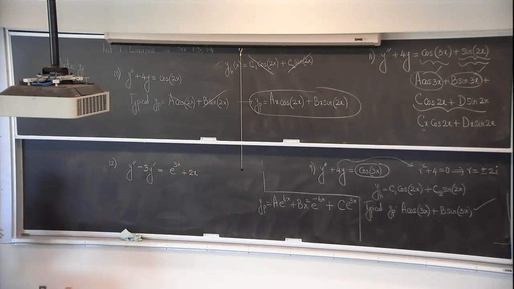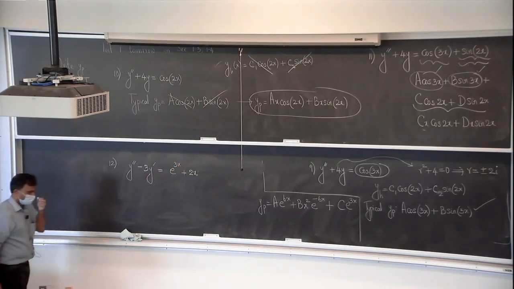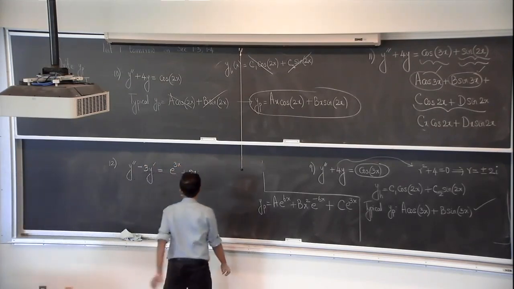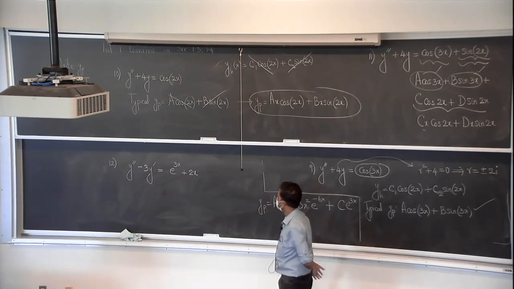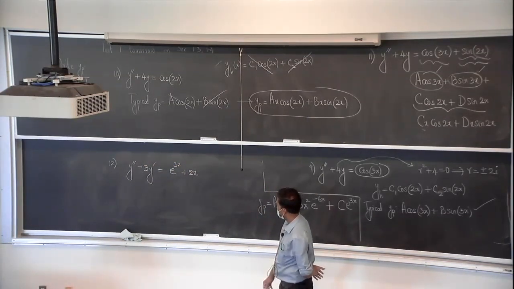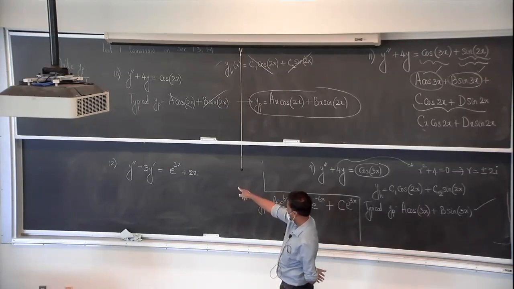So the right hand side is a combination of exponential and a polynomial. Nothing unusual there. So can you just start by finding the yh first? It's a y prime, not a y there.